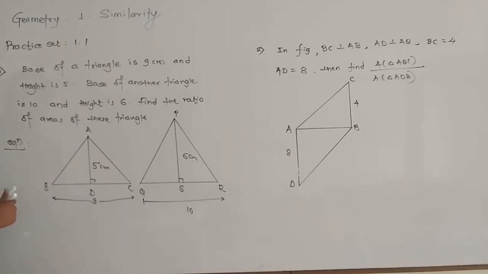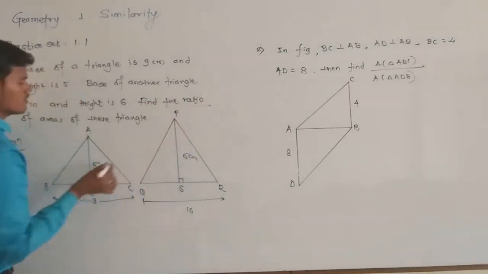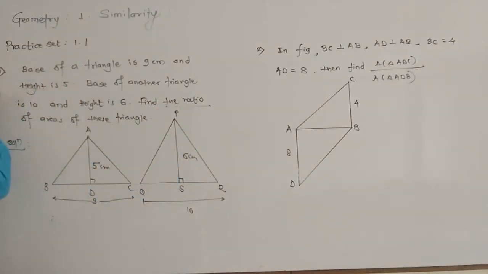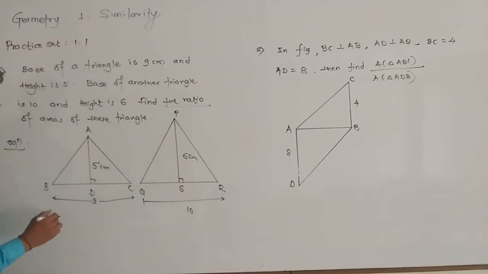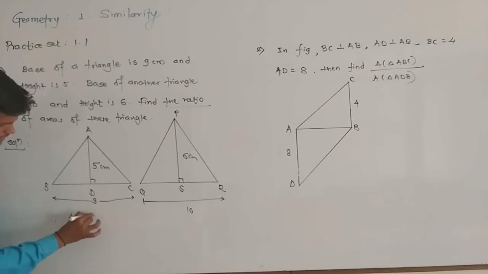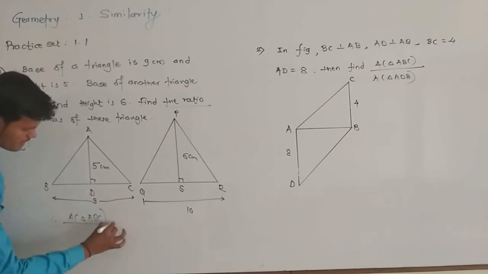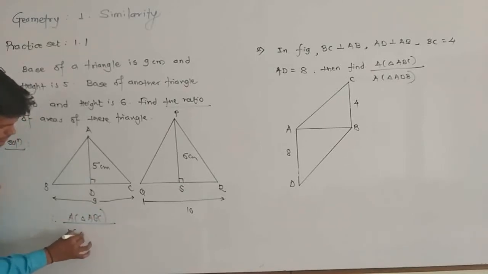After drawing, we have to find the ratio, and we can represent the ratio in the form of A upon B. So ratio of area of triangle ABC to area of triangle PQR. Therefore area of triangle ABC divided by area of triangle PQR.